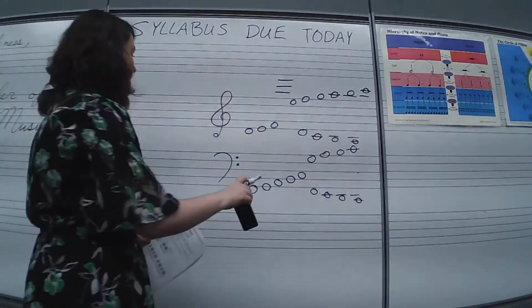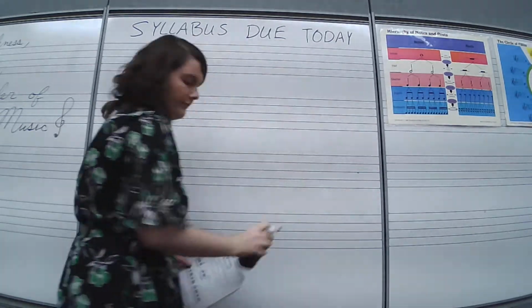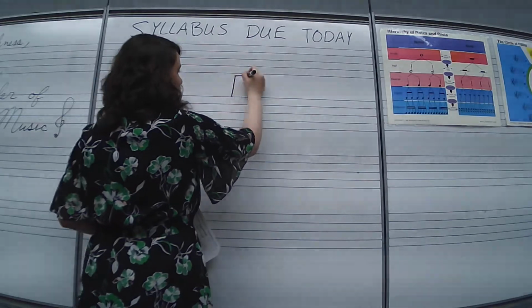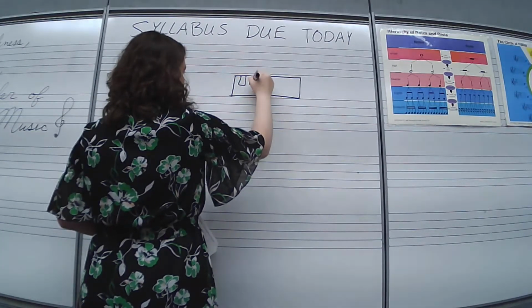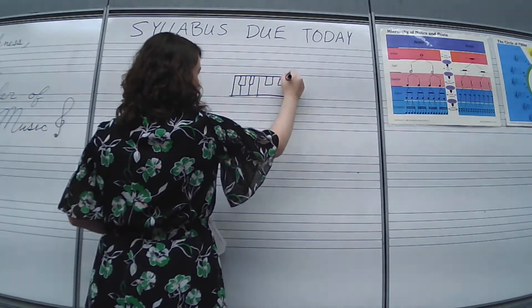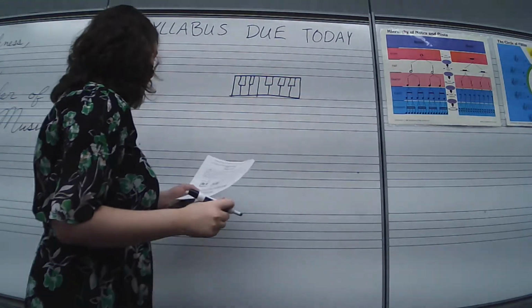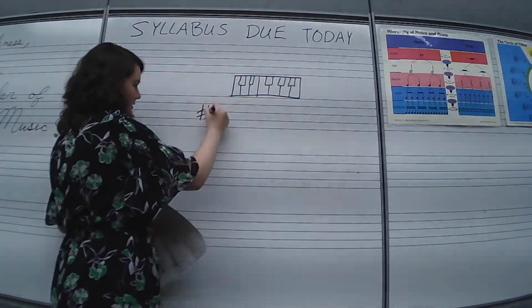Next are sharps and flats. And we're going to use a keyboard for this. A sharp looks like this.